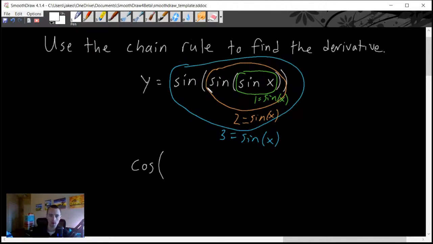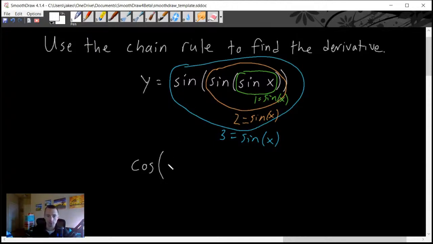Okay, we're going to take the derivative of our outer function and leave our inner function alone. So we're going to leave our second layer of function and everything within it. When I'm talking about our middle function here, that already includes the first level function within it. So we're going to leave our inside function alone.